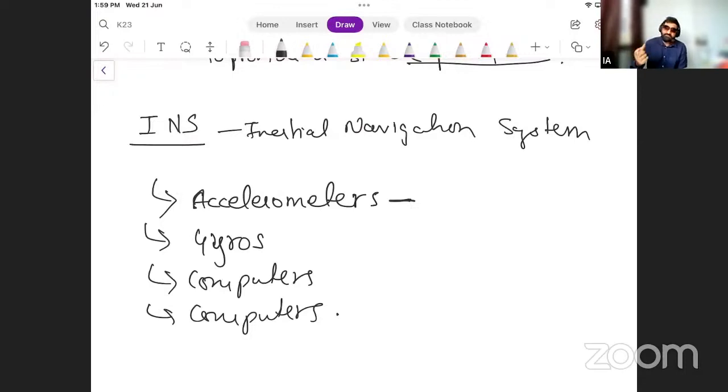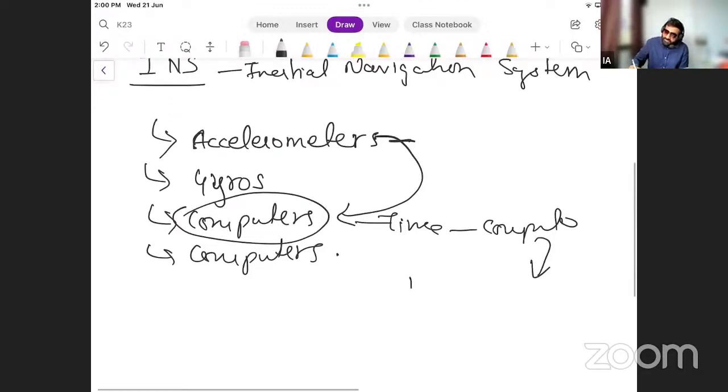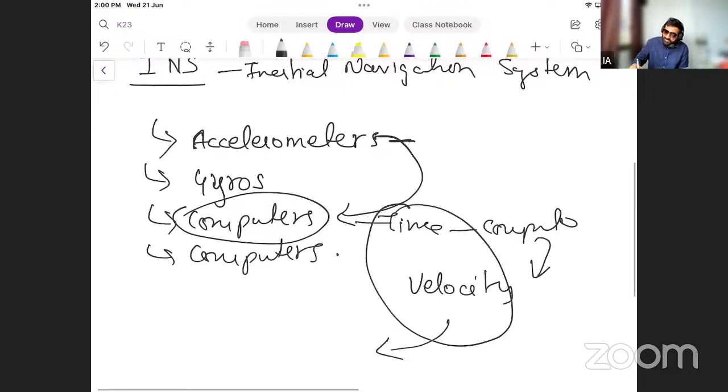So the INS first will sense time with respect to the accelerometer. So there are computers that will integrate accelerometer with time, and then I will have another computer that will integrate time with velocity, and then together time and velocity will give me my distance.